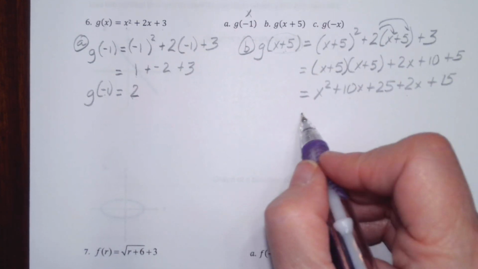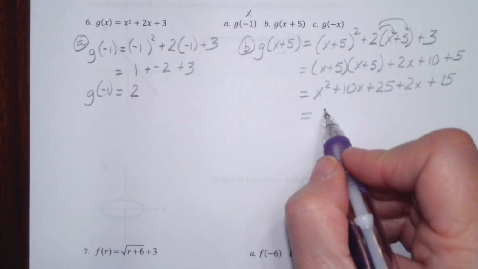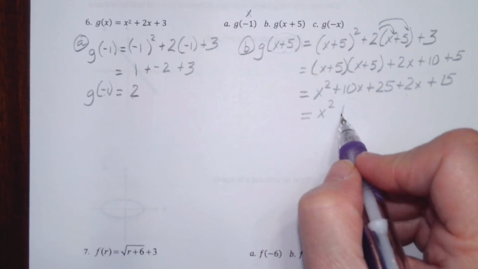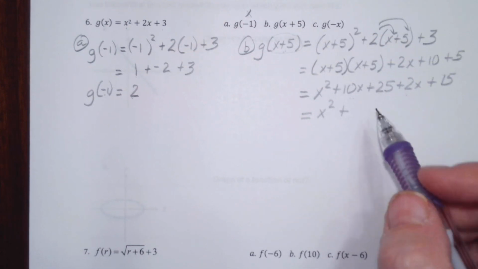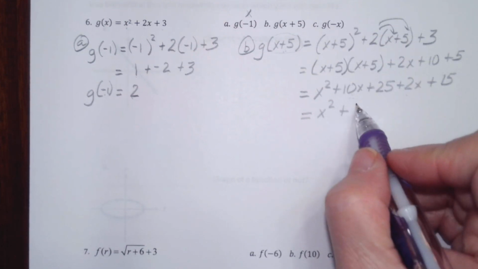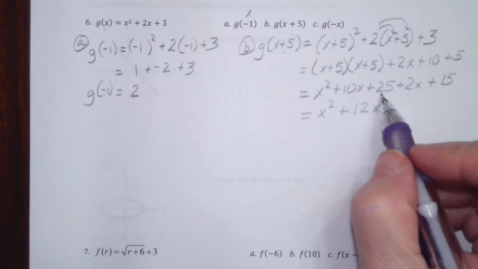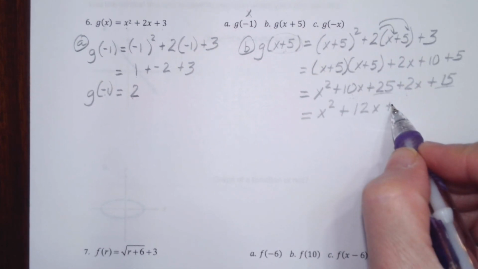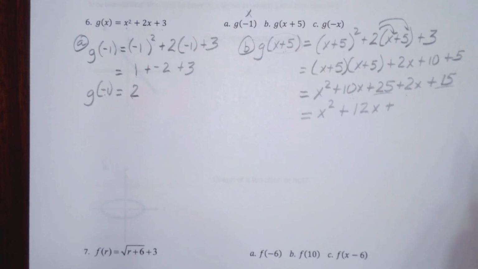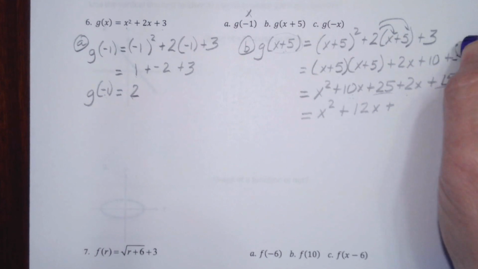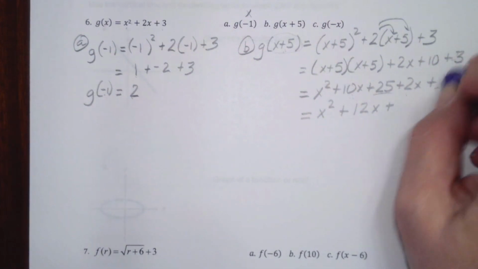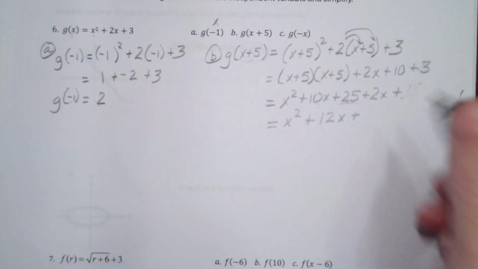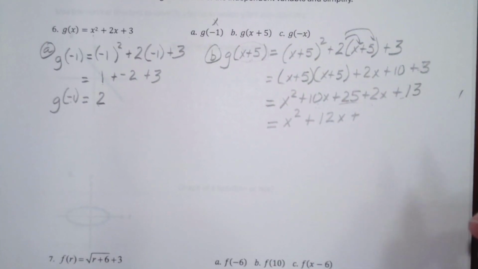Put like terms together. So we would have x squared plus, we would have 10 and 2, so that's 12x, and then 25 and 13. Oh, how did I get a 5 there? I took a 5 to a 3, not sure how, and we change this to 13.